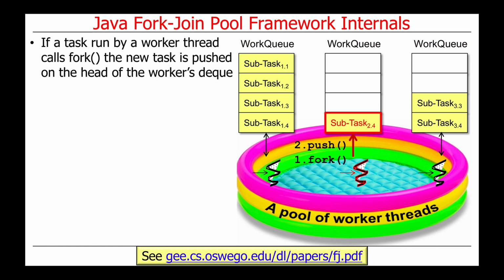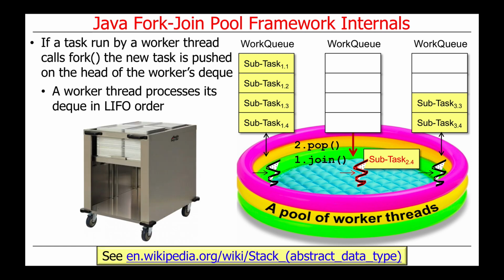If a task that's running by a worker thread calls fork, or as is the case with the parallel streams framework, if the framework internally calls fork, because remember, you don't call fork with the parallel streams programming model, the framework calls fork on your behalf. In that case, the new task is pushed onto the head of the worker's deque.